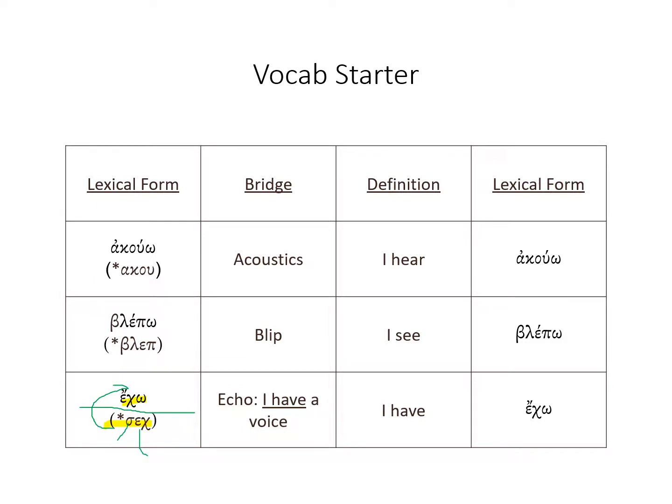The epsilon compensates with having a rough breathing mark over it, but because of the chi that follows, the rough breathing mark drops off, and that's how we get echo. There's a difference between the root here and the present with echo, but that's not always the case. Look at blepo, akouo. So we must learn both the root and its present active indicative.